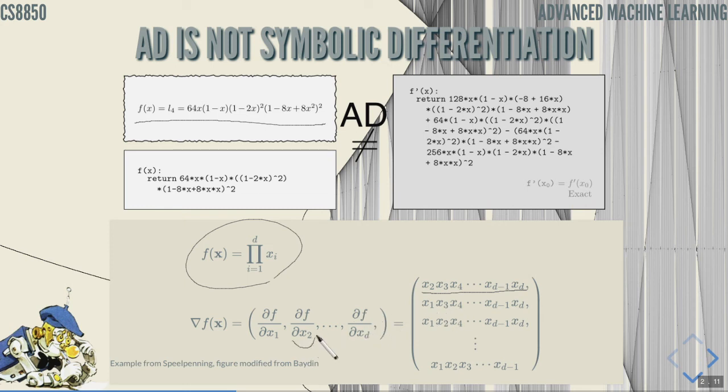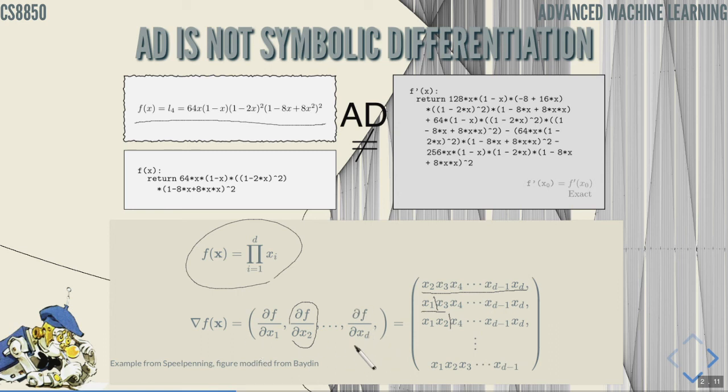And then derivative with respect to x2, it's everything but x2, and then everything but x3, everything. Notice the redundancy. You keep computing same quantities all over and over again, d times. Well, yes, d times for the number of components.